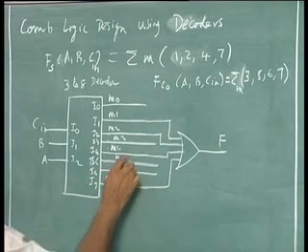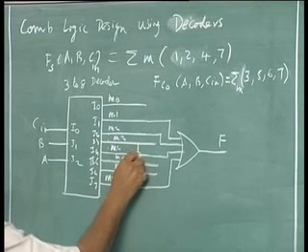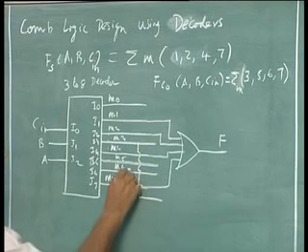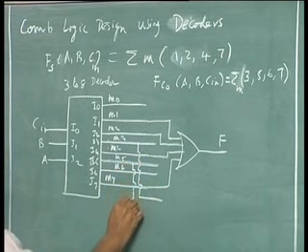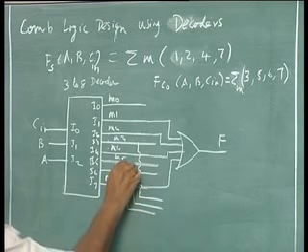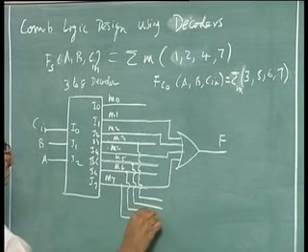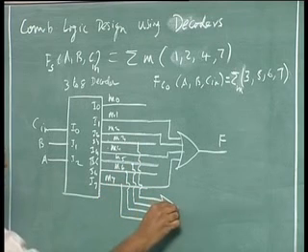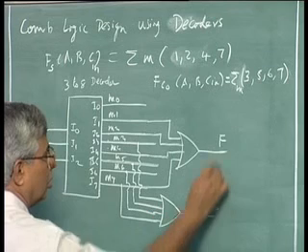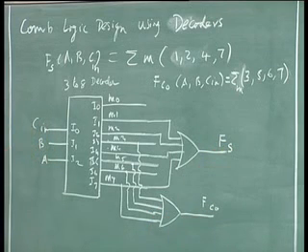So we'll have to take M3, M5, M6 and M7, put them in an OR gate, and this is my F carry out. So with 1 3 to 8 decoder and 2 gates, I am able to realize a full adder.